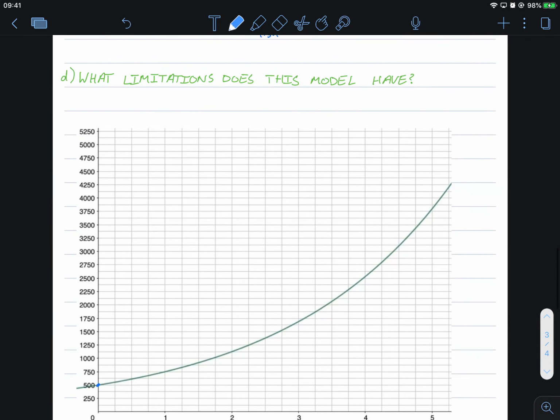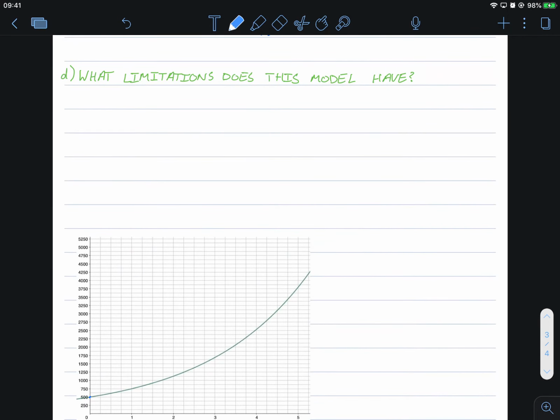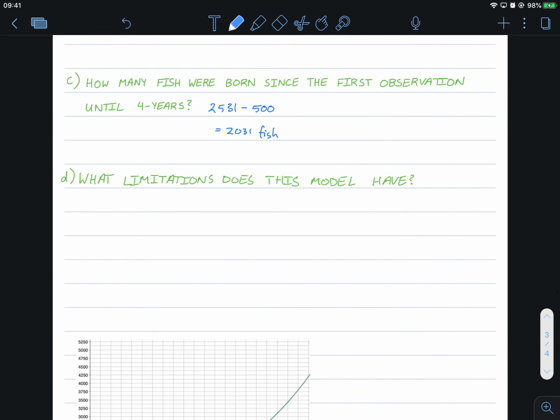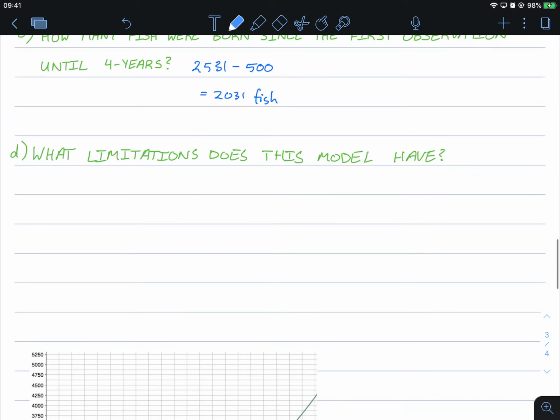And lastly, as we discussed earlier in the video, what limitations might this model have? Okay, so the first limitation is that t equals time in years, so we cannot use values of t less than 0.